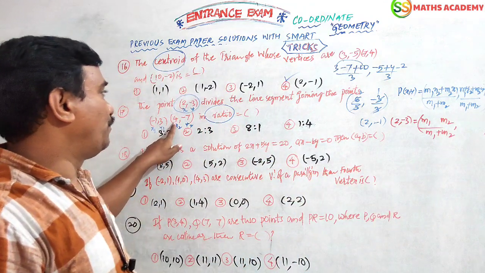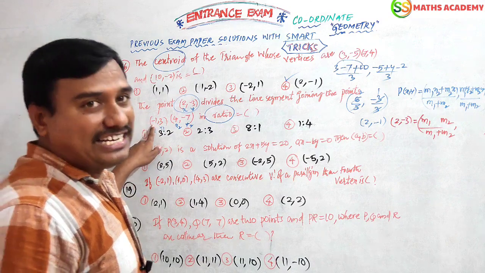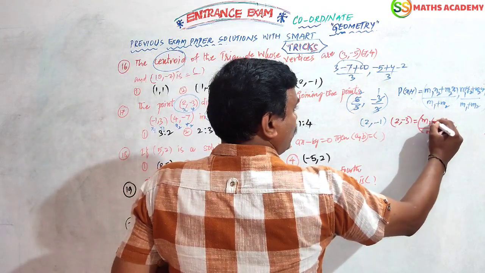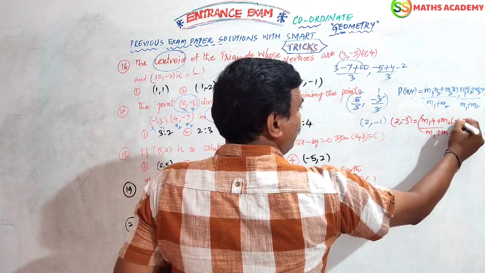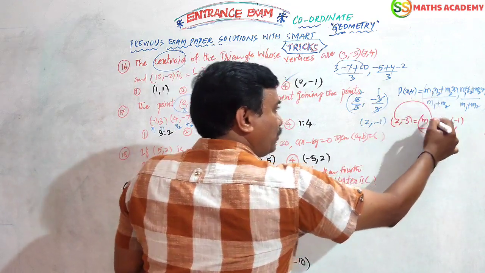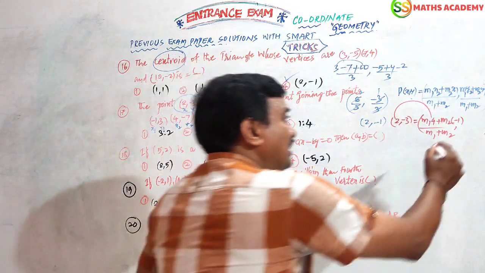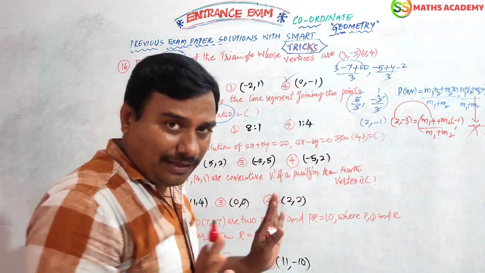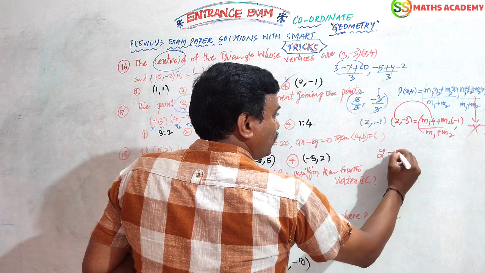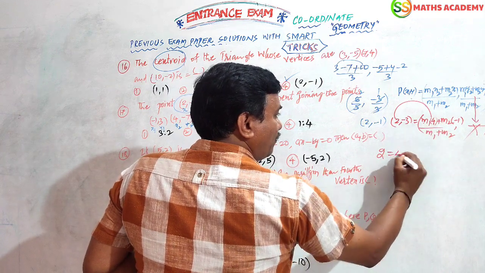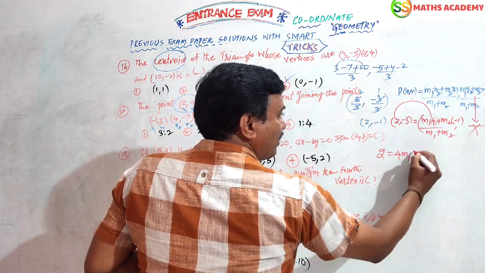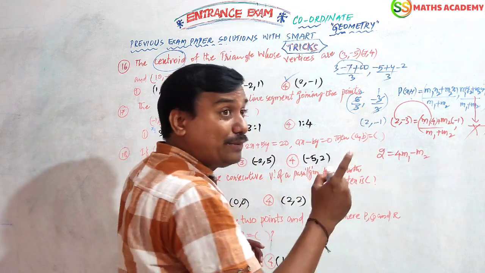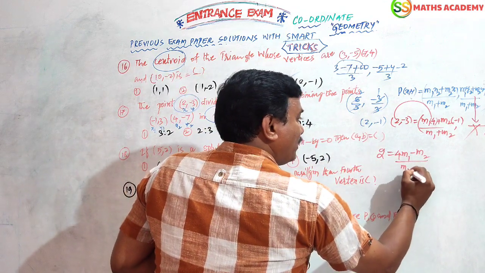What is x2? 4. What is x1? Minus 1. In the place of x2, I write 4. In the place of x1, minus 1. I should compare first coordinate to first coordinate. The second coordinate I do not substitute. Now, here 2 equals 4 M1 minus 1 into M2, minus M2, by M1 plus M2.